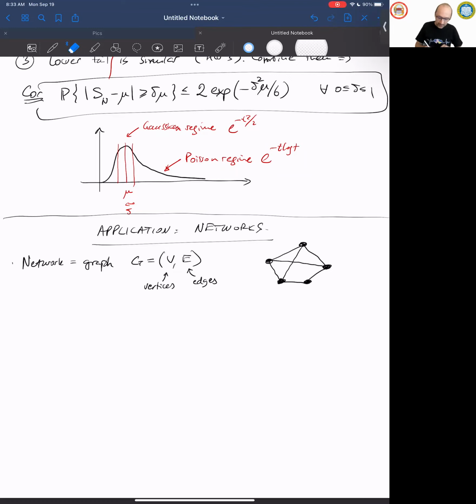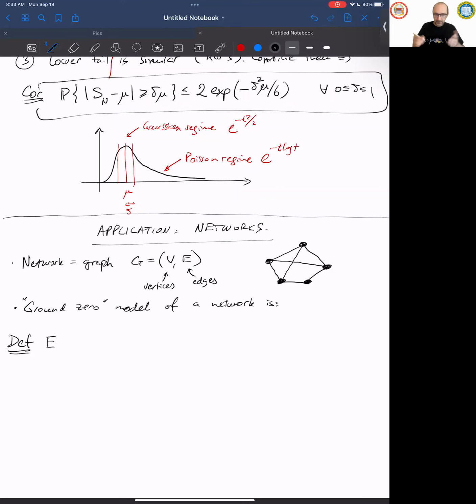So the most basic model, kind of the ground zero model for a network, is a random graph.